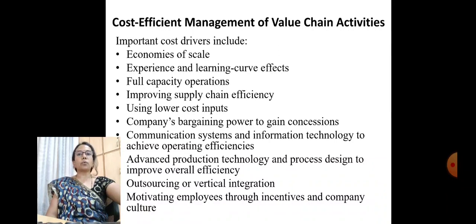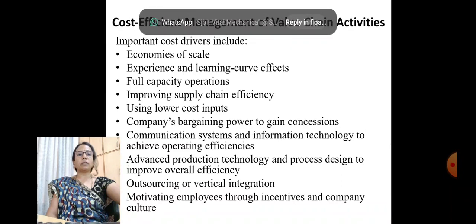A set of factors known as cost drivers strongly affect companies' costs and managers can use them as levers to push costs down. Important cost drivers include economies of scale. Economies of scale stem from an ability to lower unit costs by increasing the scale of operation, and they can affect the unit costs of many activities along the value chain.